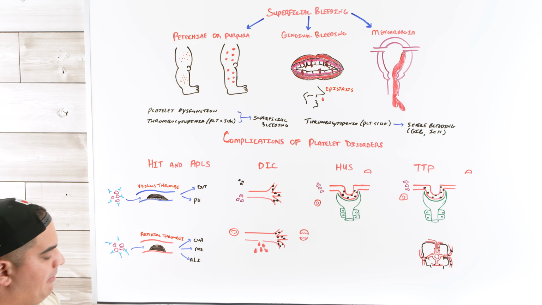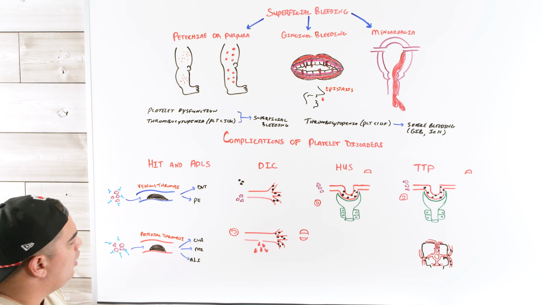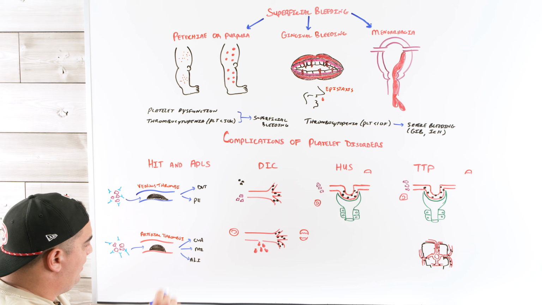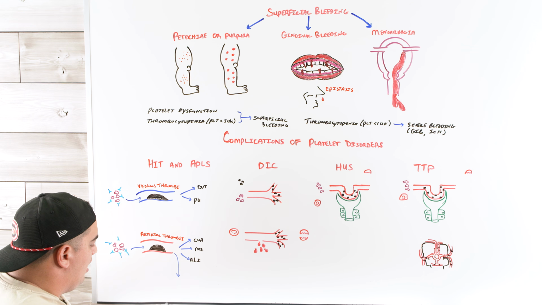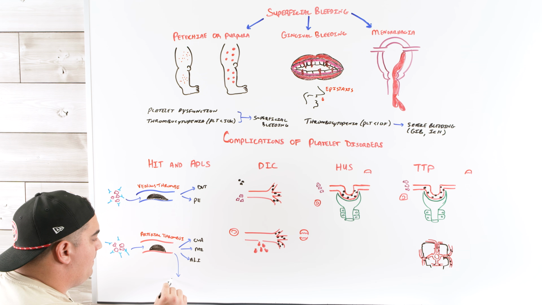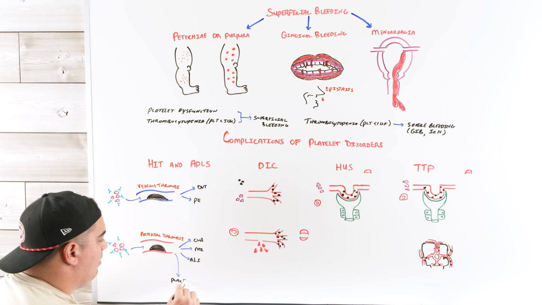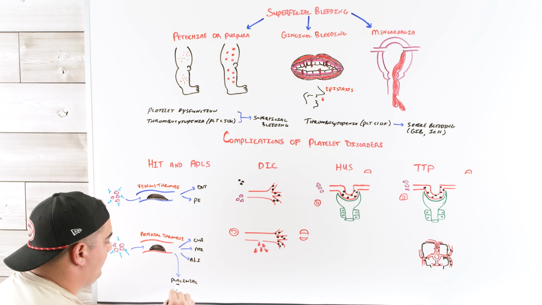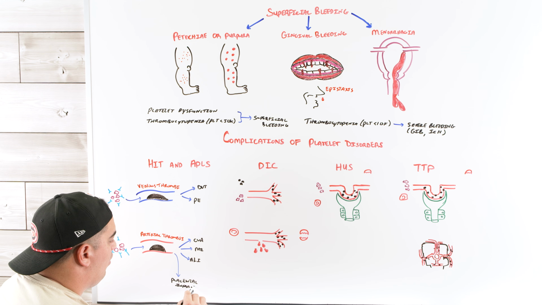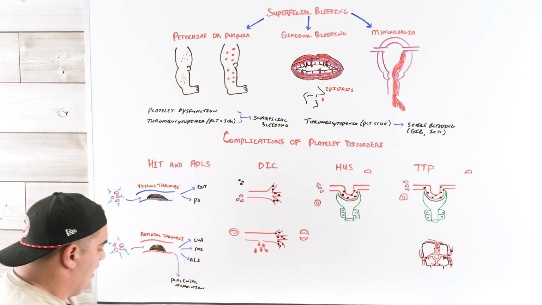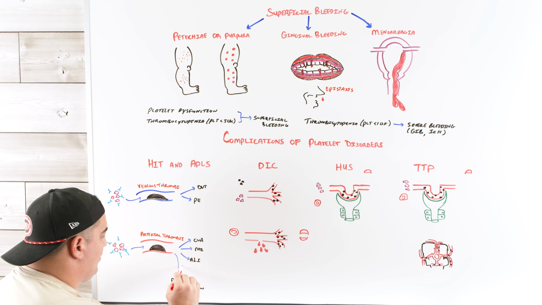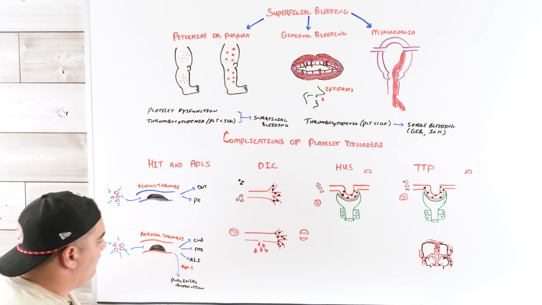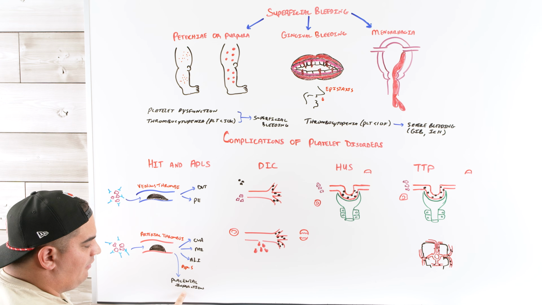One big thing to remember is that with the arterial thrombi, and we talked about this, if this affects the placenta, this can lead to placental infarction. And this is really only seen in antiphospholipid syndrome. So in antiphospholipid syndrome, they can get placental infarction.